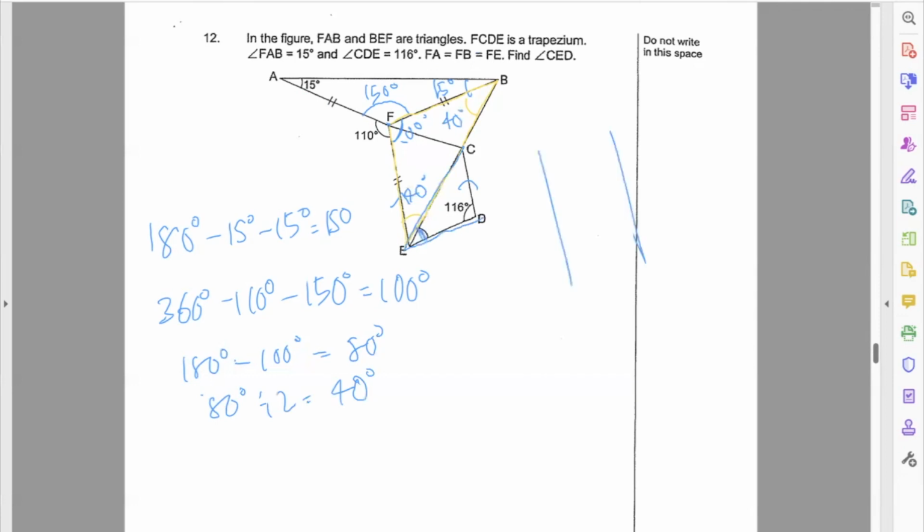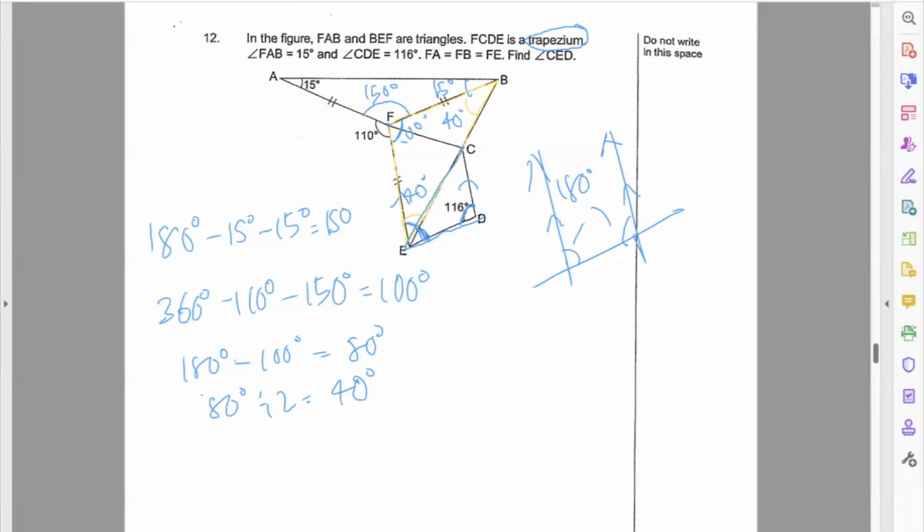Now I want to share with you that if there are parallel lines, which we derive from the information here, that FCDE is a trapezium, the interior angles of parallel lines will add up to 180 degrees. So these two will add up to 180 degrees. They are parallel, which means that 116 plus these two angles will be 180 degrees.